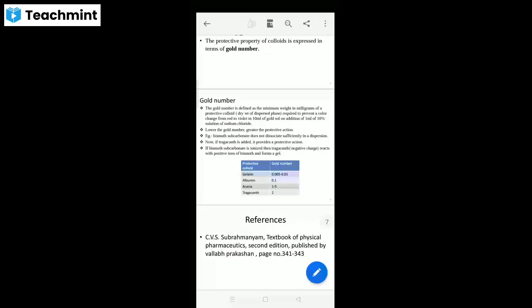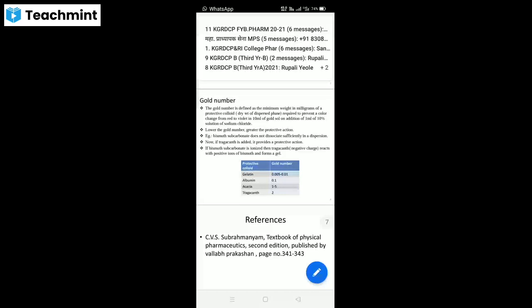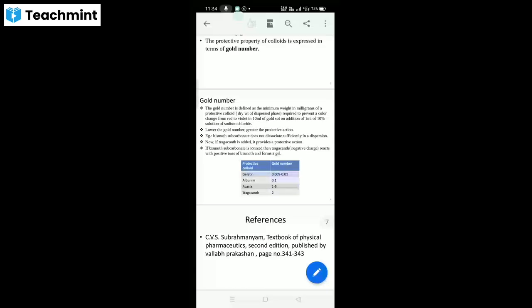Simple one, I am giving you the idea. It is a particular weight of hydrophilic colloid which is needed to prevent a color change from red to violet.